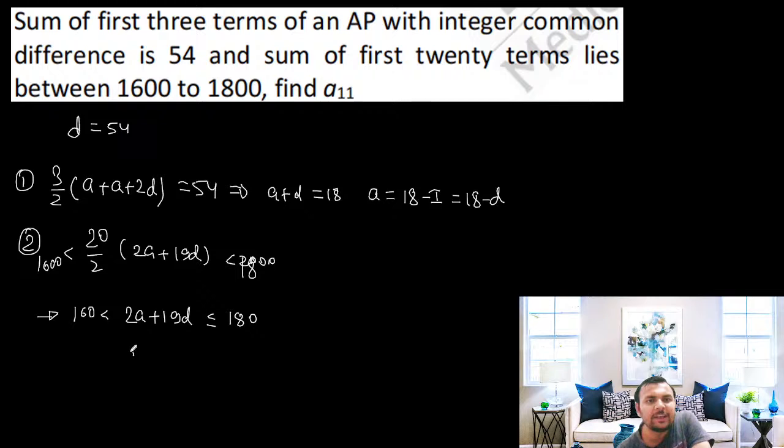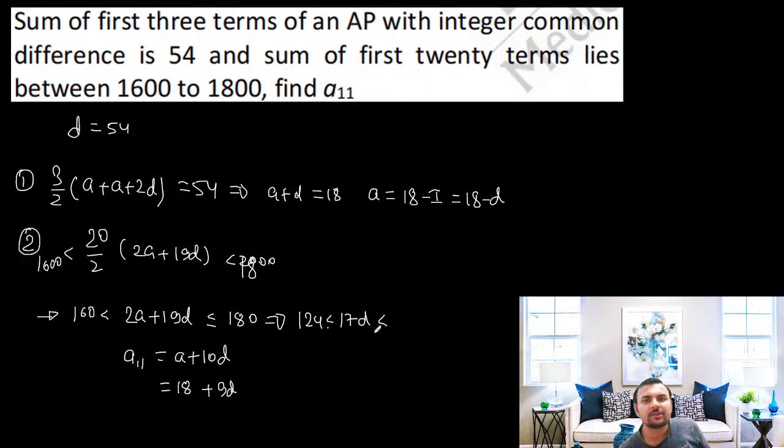So a11 is nothing but a plus 10d. We know that a plus d is 18 and we are left with 9d. So if we get the value of d, we can get it. From here we can say that 2a plus 2d is 36. 36 will go to both sides: 124 and 144, so 17d lies between 124 and 144 after 36 goes to this side.